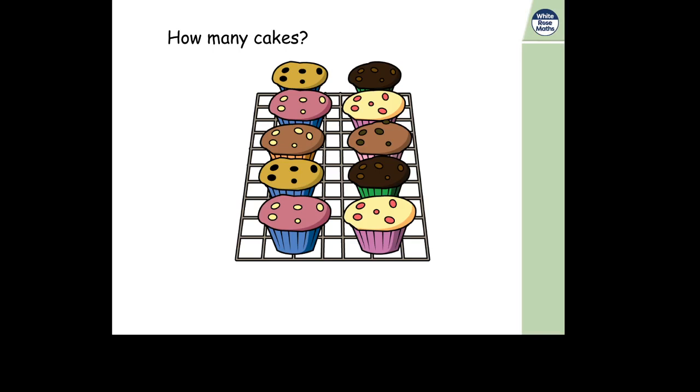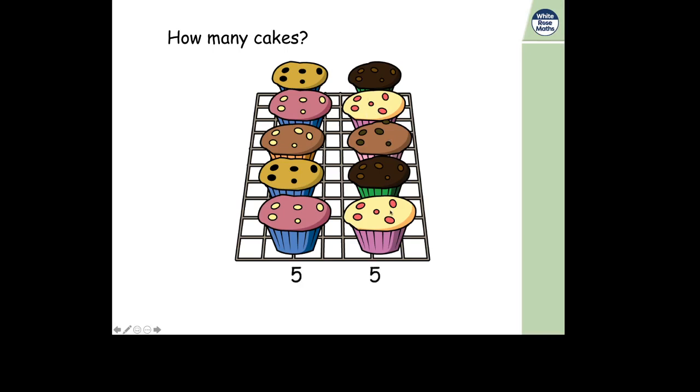What about here? Okay, so here we've got some cakes on a cooling rack. We've got a group of 2, another group of 2, another group of 2, another line of 2, and another line of 2. Okay, so that's 2, add 2, add 2, add 2, add 2. Or let's count in 2s. 2, 4, 6, 8, 10.